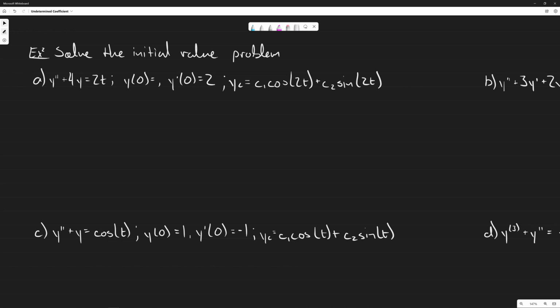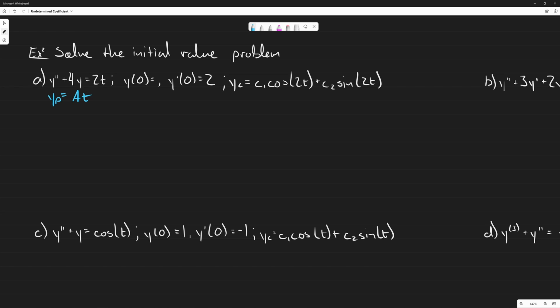So for our first part, we're given y double prime plus 4y is equal to 2t, and our solution is with sines and cosines. So we can do rule number 1 and have our solution yp equal to a times t. We don't have to take the second derivative because that'll just be equal to 0.